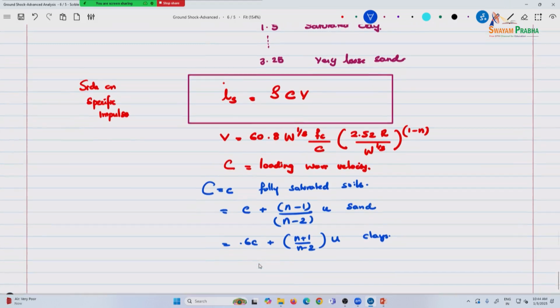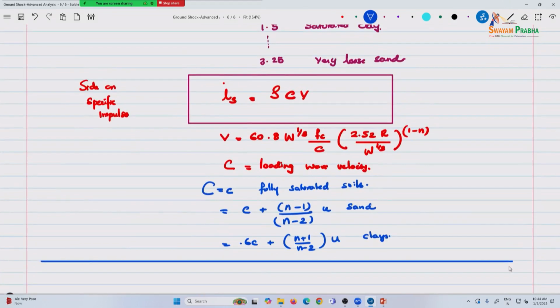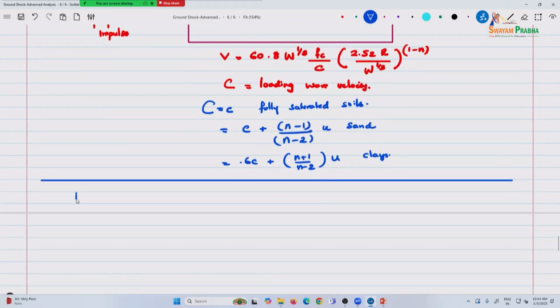So, for instance, consider a weight of 27 kg at R equal to 10 meters and depth equal to 9 meters.